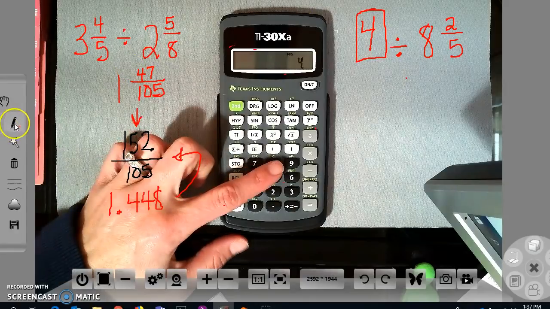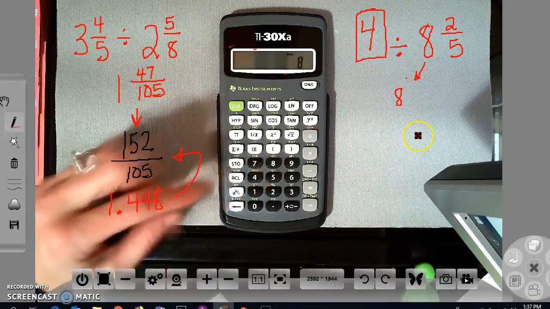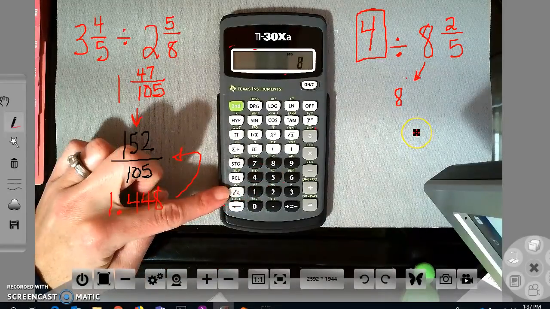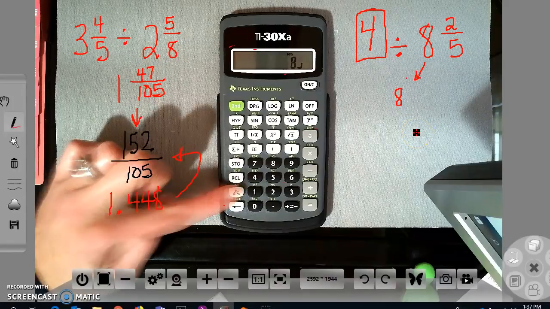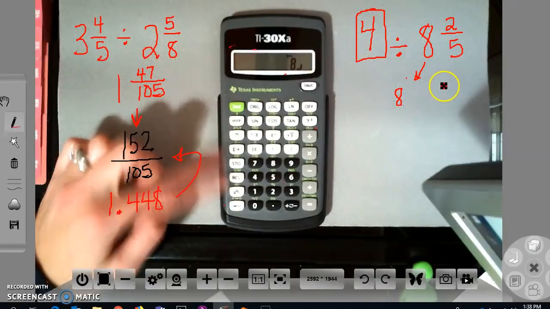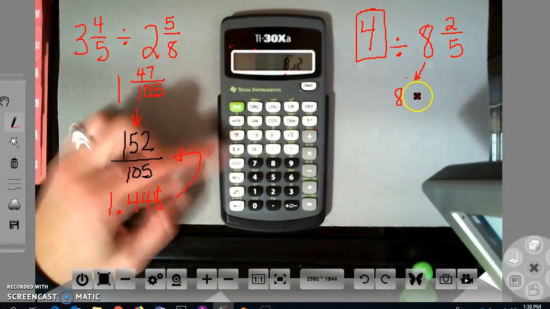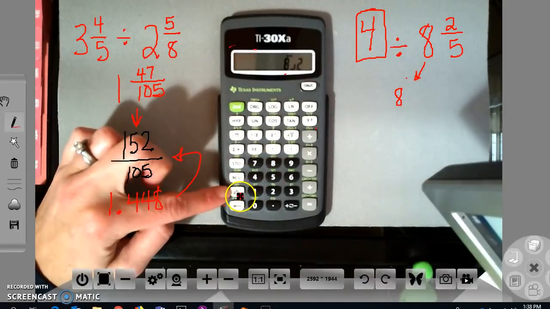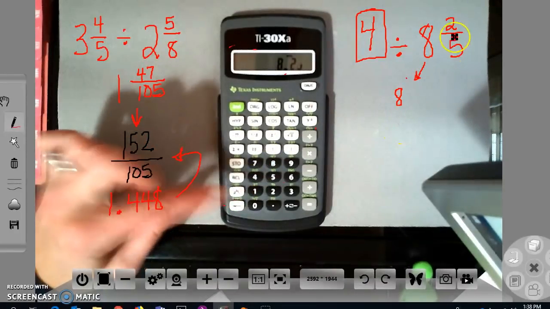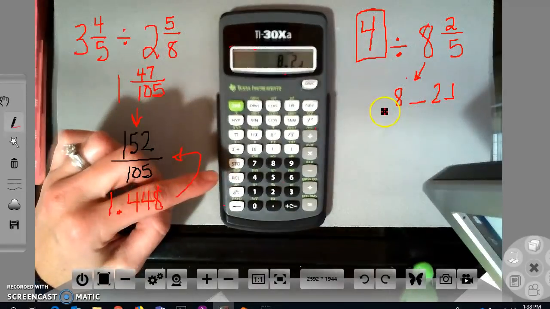And now we have to put our fraction into our calculator. Since it is a mixed number, you're going to put your whole number in first, press your fraction button, put your numerator in second, press your fraction button so that it knows that you are creating a mixed number.